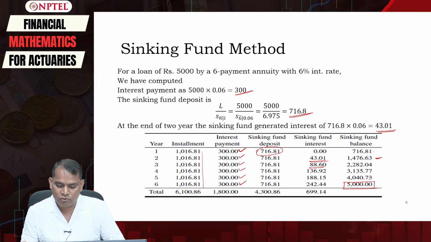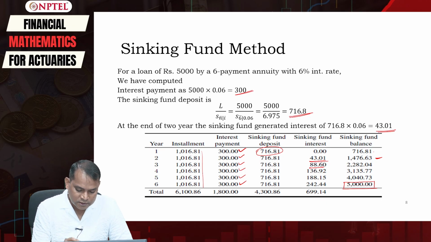In this case, however, i is equal to j, that means the interest rate charged on the sinking fund is the same as the interest rate charged on the loan. Now look at how much amount you have paid: 6,100.86, which is the total of the installments.